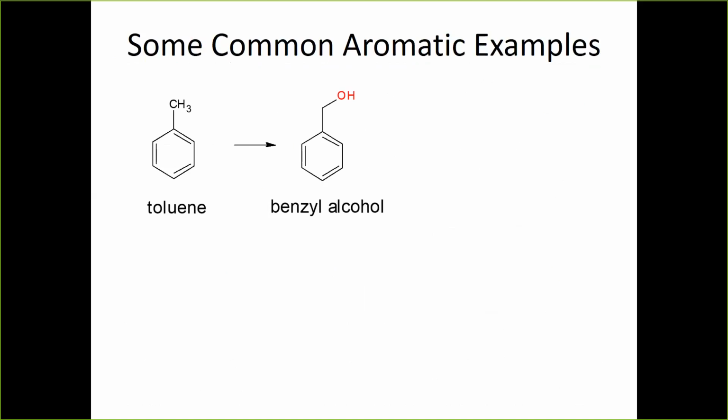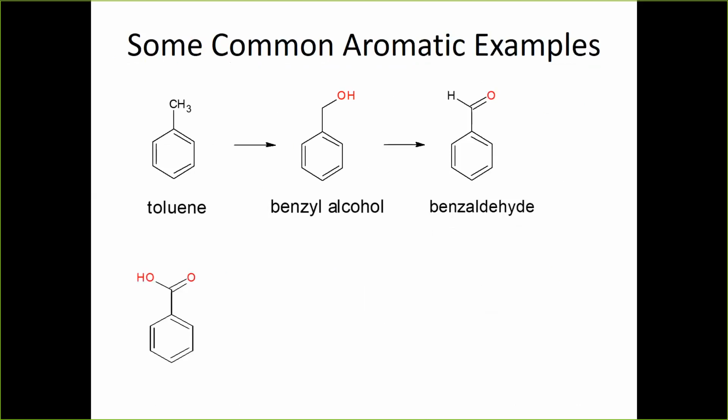So the next thing that happens to the benzyl alcohol is that it gets oxidized up to the aldehyde, so benzyl alcohol then would be benzaldehyde. That then would get oxidized up to the acid here, which is benzoic acid. And up to this point, this pathway is very similar to what we see for other toxic alcohols.